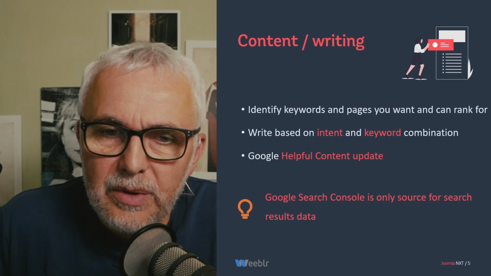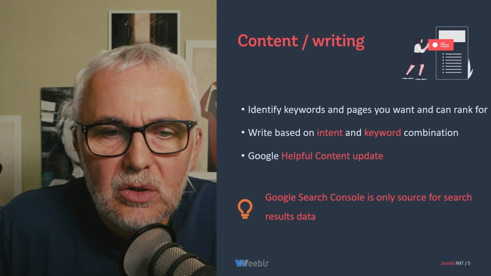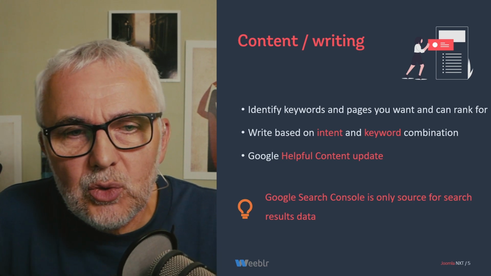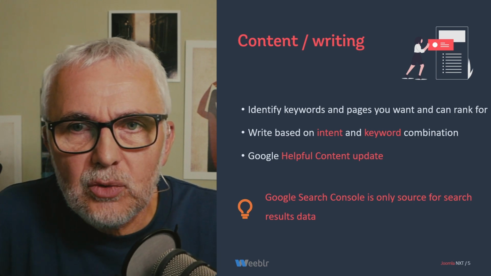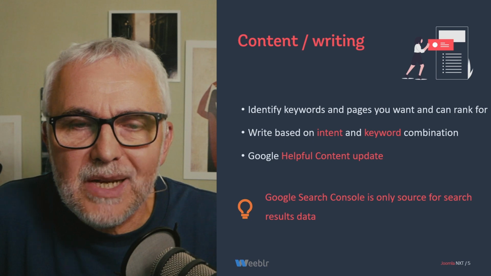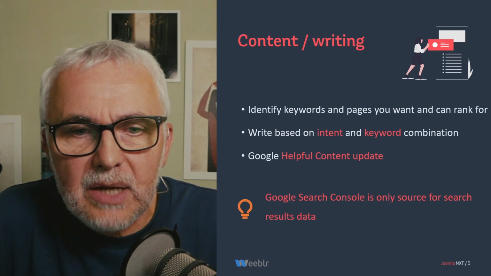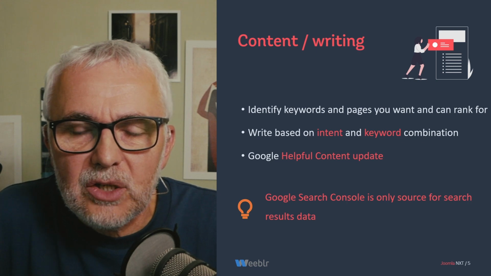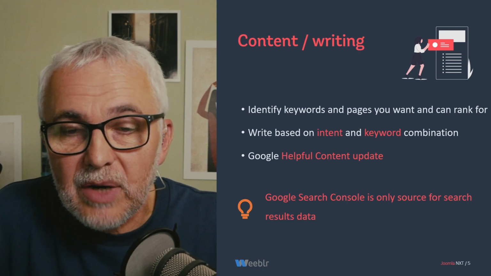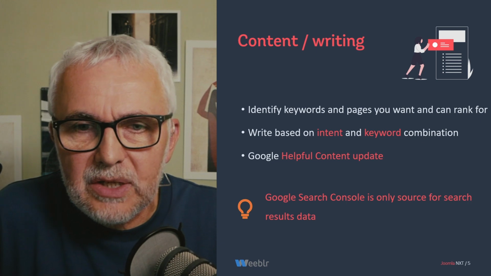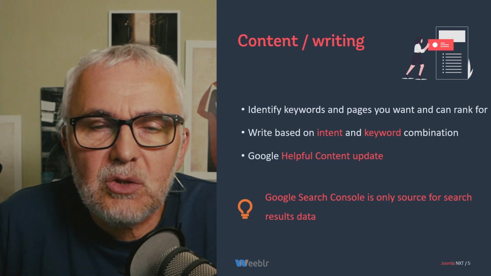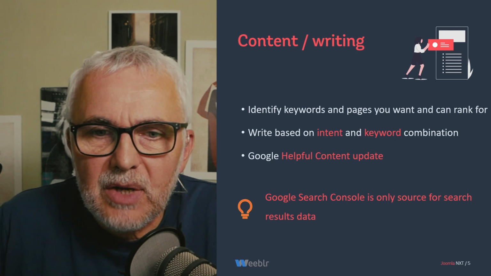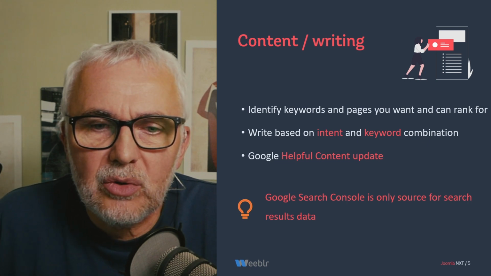They updated their algorithm in what's called the Google Helpful Content Update, and their goal is to favor content that's written naturally, or to put it the other way around, they want to lower the value and show less content that's written by robots, by artificial intelligence, and content that's written specifically for SEO. So you have to keep that in mind. This is becoming more and more important.